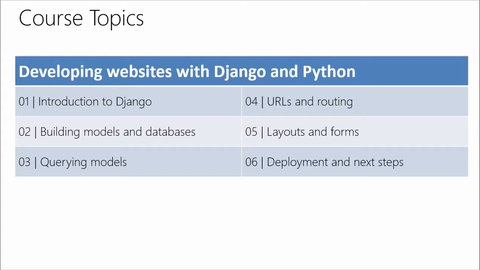Now, as far as what we're going to wind up covering today, there's the basic outline for developing websites with Django and Python. One big thing that I want to do right up front, before I walk through those 6 modules, is set a little bit of expectations, because we've got roughly 5.5 hours, if you account for breaks and things like that, of actual content.